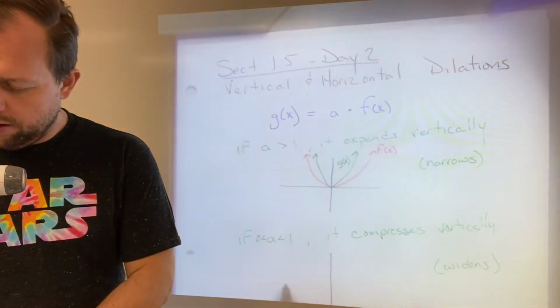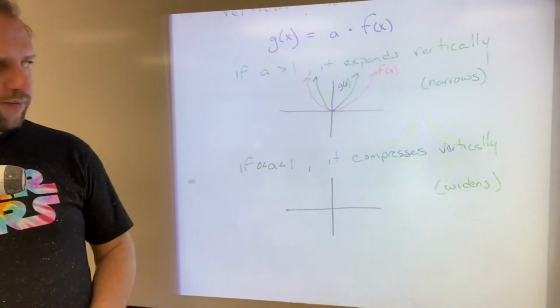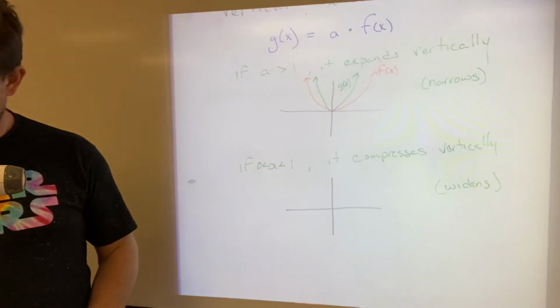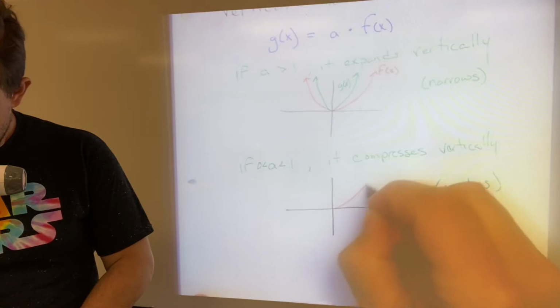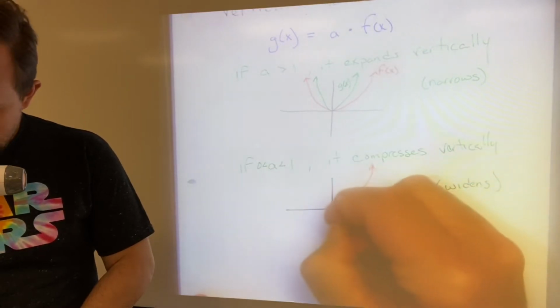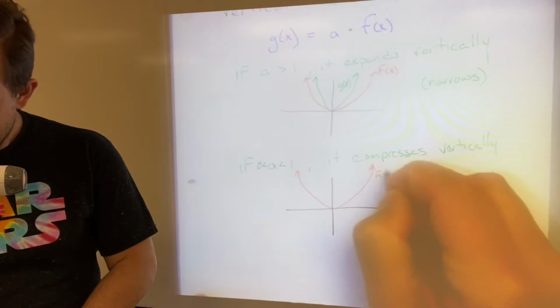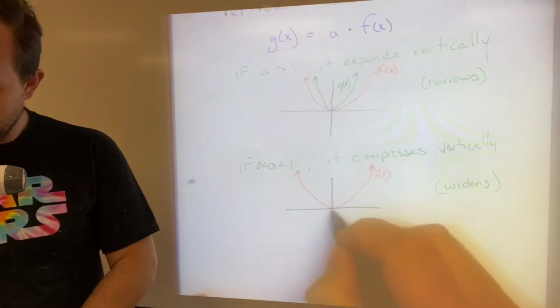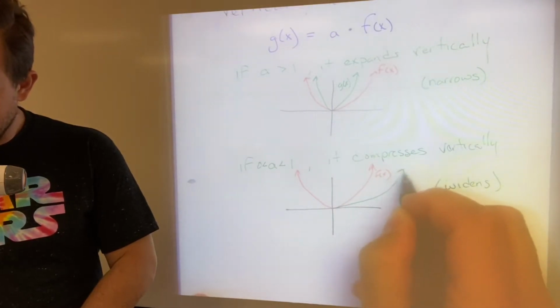So we have our axes, and if we look at our f of x again, g of x, because the values are less on the y, will actually cause it to widen.